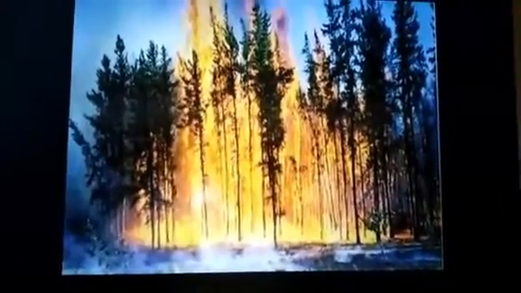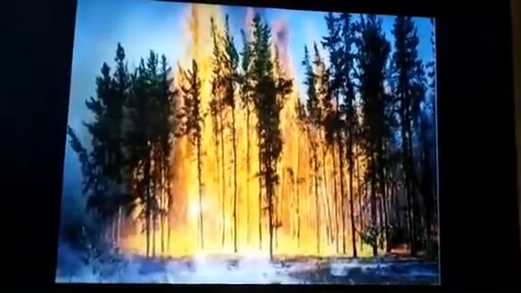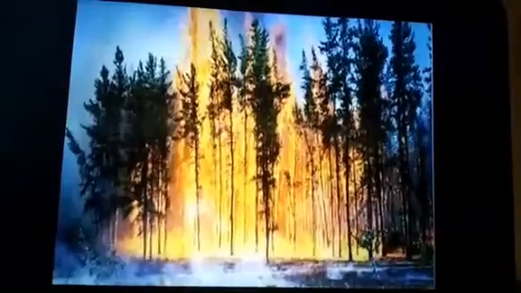So this is how a crown fire appears in nature. You can see it goes from the ground up into the crown. This is why we call it the crown fire, because it also consumes the crown, in fact the whole plant, destroying each and every part of the plant.